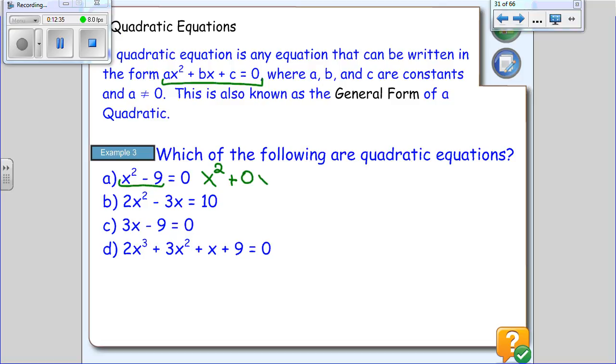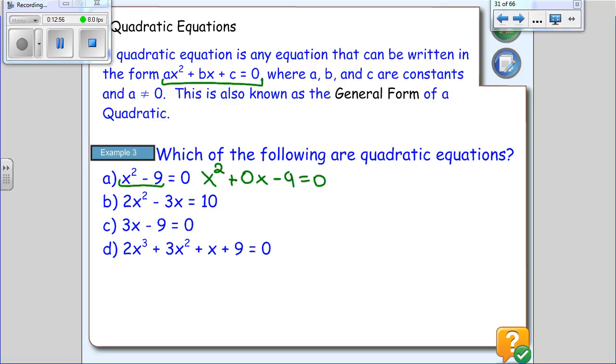Do you see now how this is actually in that form? But why would I write 0x? What's 0 times x going to be? 0. So I don't need to write that. So they didn't write that. But this actually is a quadratic equation. This is in that form. It's just the b value is equal to 0.